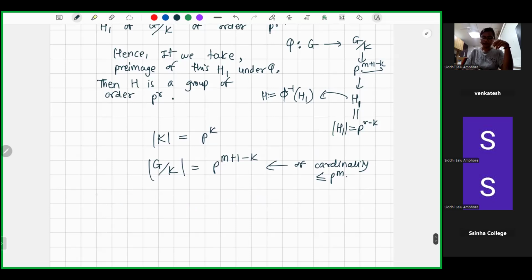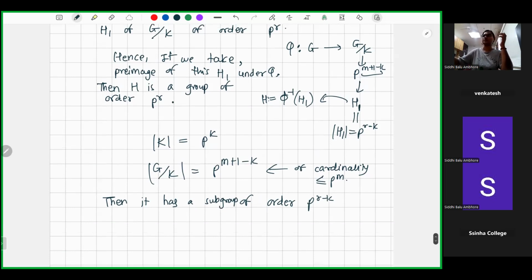Then it has a subgroup of order p power r minus k, because the moment I get k, it becomes the whole group. Okay? And then its pre-image will be my required subgroup which we need.